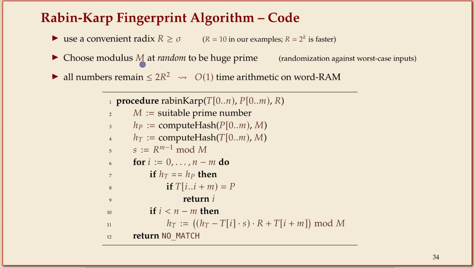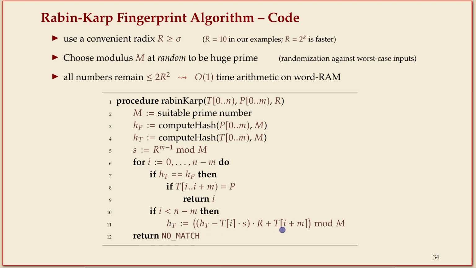Then you have to choose your prime to be a large enough prime. So something bigger than sigma for sure. Maybe not much bigger. If you do that, all the numbers are bounded by this value. So you can do it on a word RAM in constant time to update the hash.